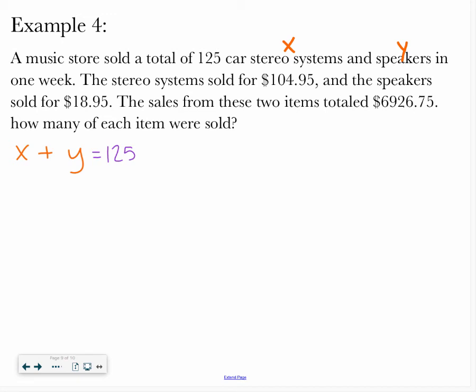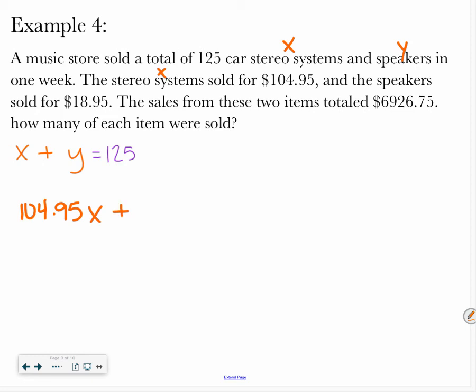What is our next equation going to be? Well, stereo systems, I said that was going to be X, sold for $104.95. If I take $104.95 and I say X, that means if I sold 2 of them, it's going to multiply that price by 2. If I sold 5, it'll multiply by 5. Okay, you guys are familiar with this concept.